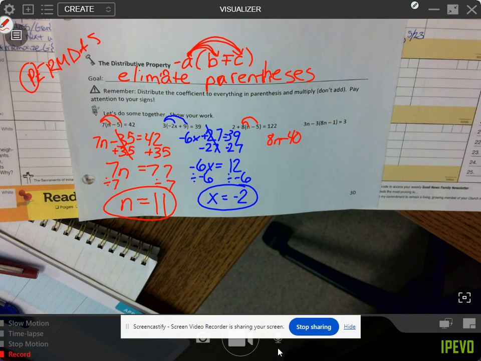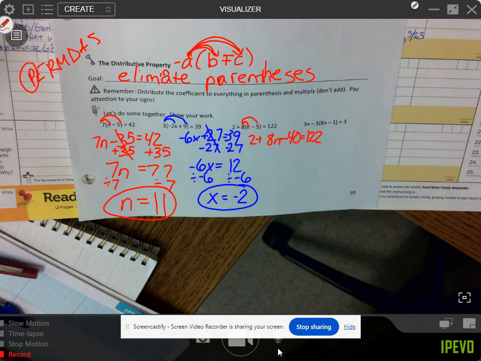Mm-hmm. And then you add 2. Yep, so I'm bringing down the rest of my equation. So I'm rewriting that rest of the equation once I did my distributive property. So now I know it's 2 plus 8n minus 40 equals 122.